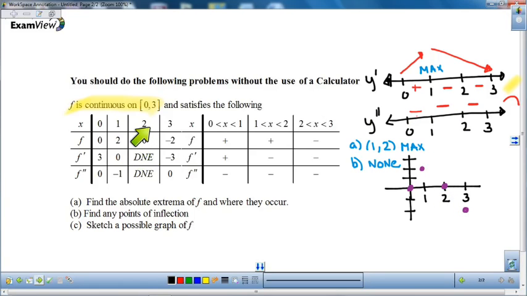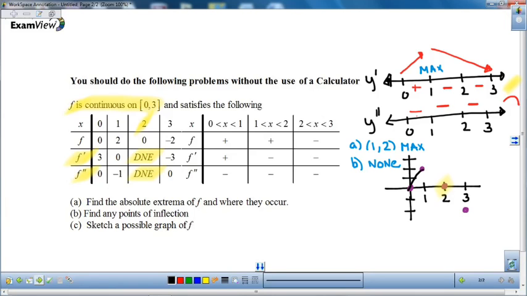But one of the things I notice is that when x equals 2, my derivative does not exist. It doesn't exist, but it's continuous. So that means there are going to be no gaps. Because it's continuous, I'm going to have a corner or a sharp turn when x is equal to 2.